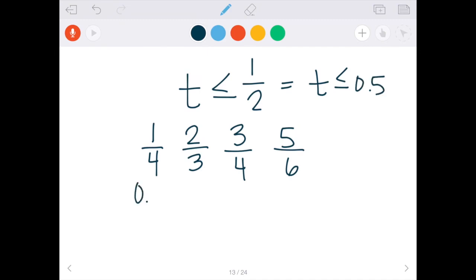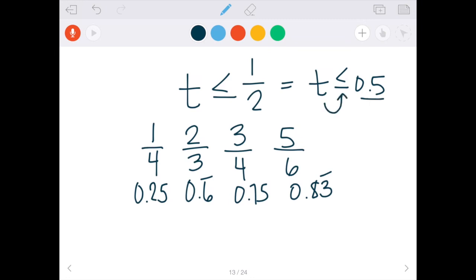Well, 1/4 is 0.25, 2/3 is 0.6 repeating, 3/4 is 0.75, and 5/6 is 0.83 repeating, I think. I'm pretty sure. So if t is going to be less than 0.5, that means 1/4 is your answer.